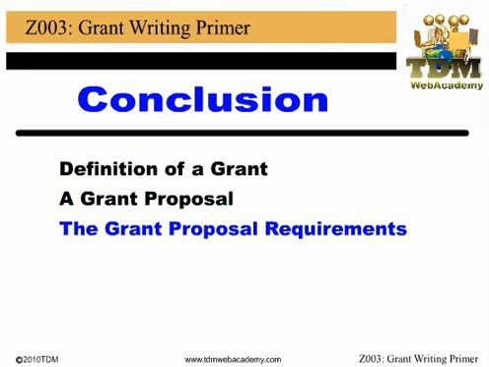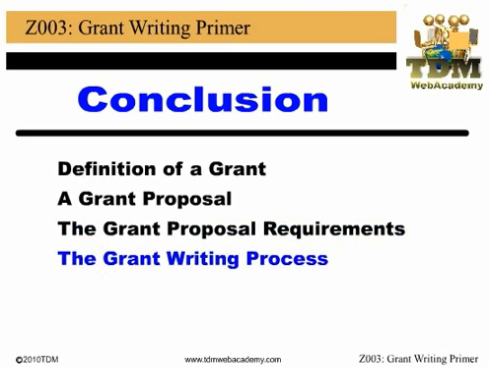Information that is contained in a grant proposal include organization background, statement of need, goals and objectives, project program narrative, timeline, evaluation plan, sustainability plan, project budget, and appendices.